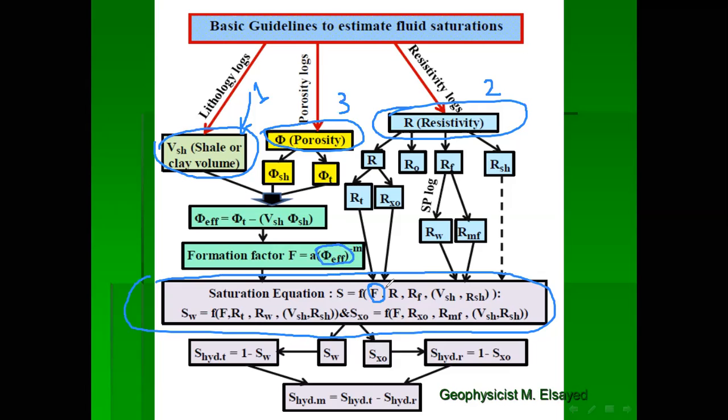The second parameter is the resistivity, whether it is deep resistivity RT or flush zone resistivity, and the fluid resistivity RW and or RMF.